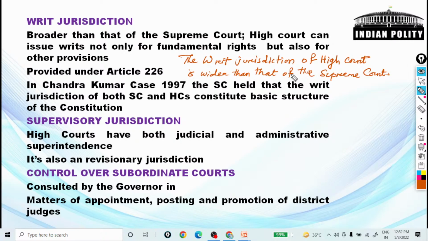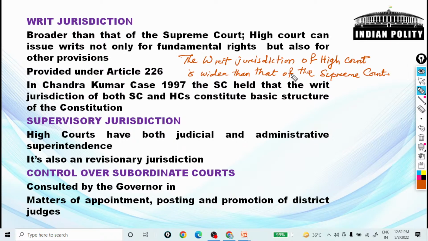And this writ power is conferred on the courts by the Constitution. In Chandra Kumar versus Union of India, 1997, the Supreme Court held that writ jurisdiction constitutes the basic structure of the Constitution, hence it cannot be taken away, abridged or diluted.